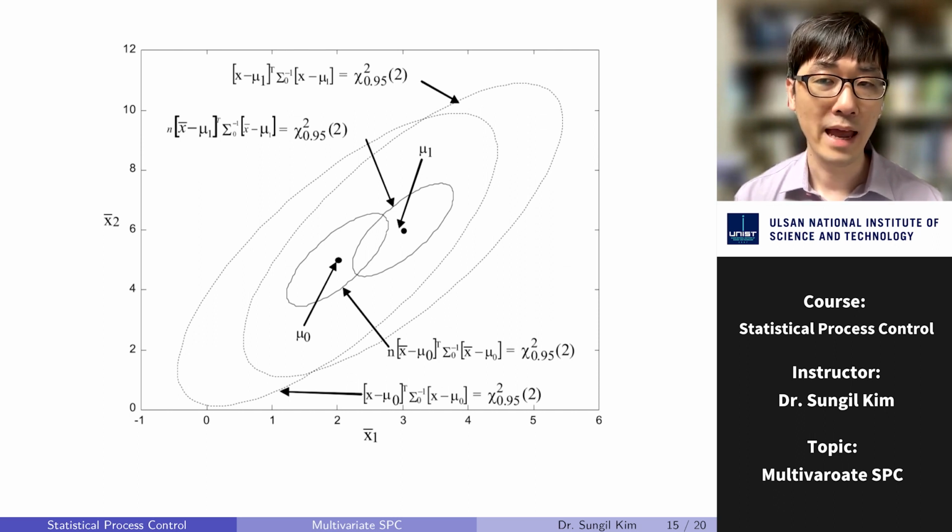The n equals 10 ellipse has a little overlap with the acceptance region as compared to the previous n equals 1 case, where the overlap is large, shown here by the dashed line. So with a larger sample, the overlap region decreases and the mean shift can be easily detected.